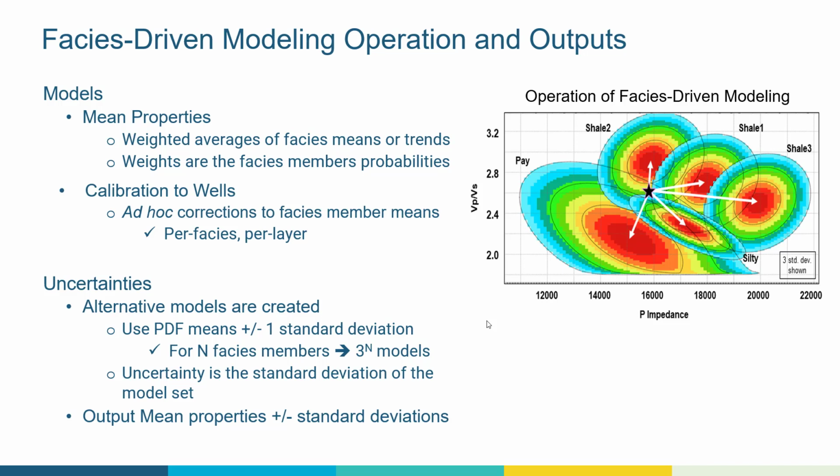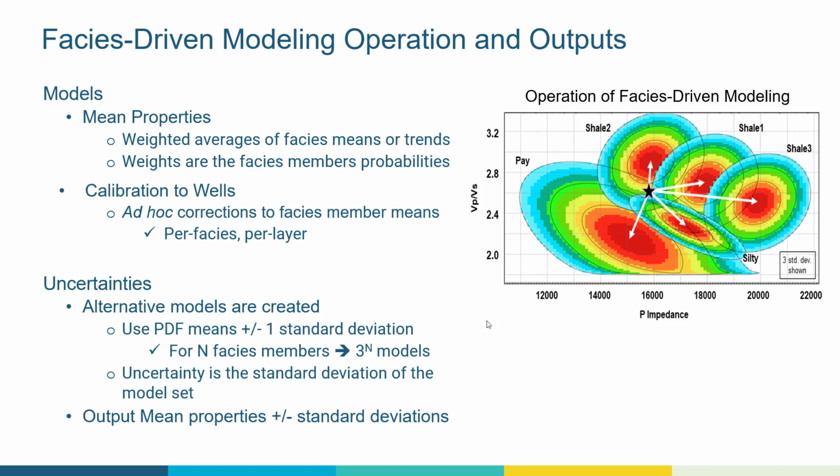In terms of uncertainties, the red areas in the PDFs shown in the cartoon are actually one standard deviation. And so we have an idea of the uncertainty in the means of our PDFs. And in the process of model building, we'll actually use this to create alternate models.